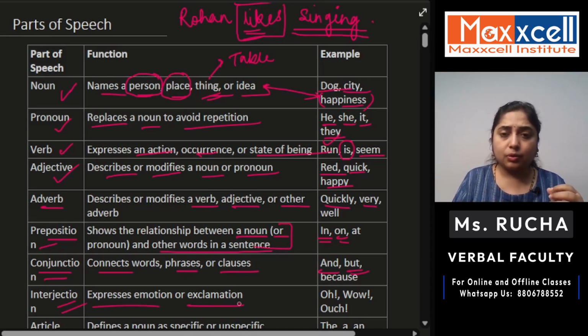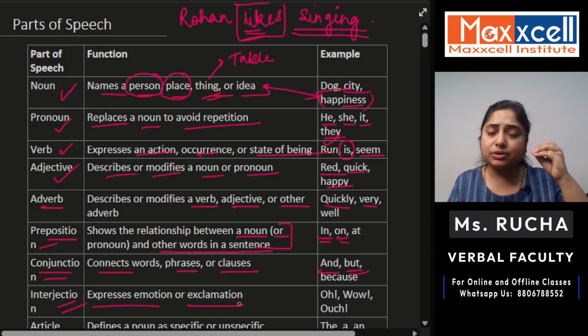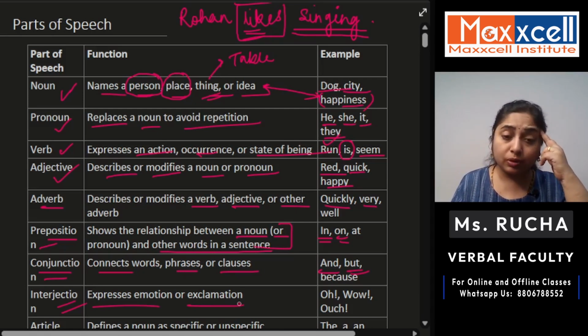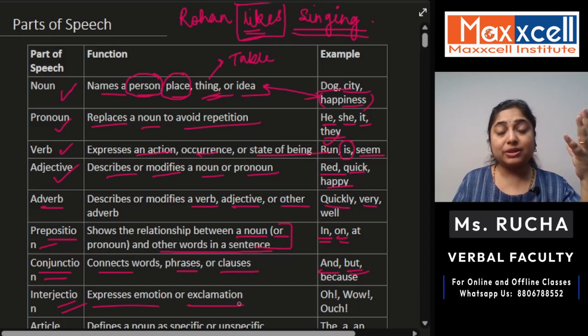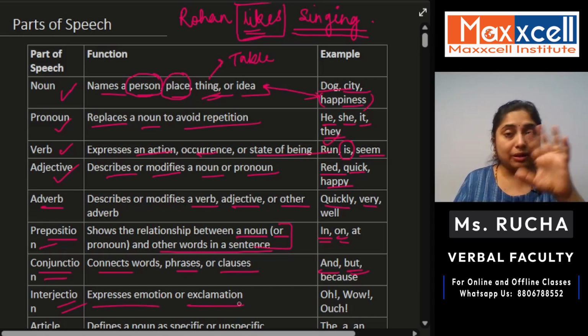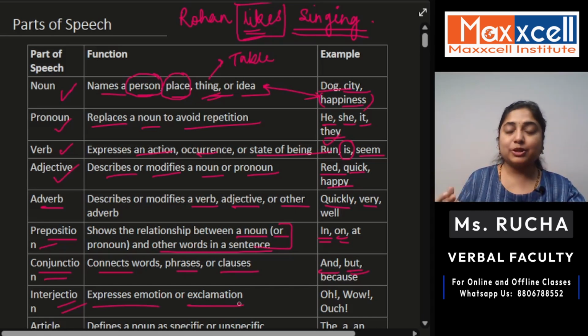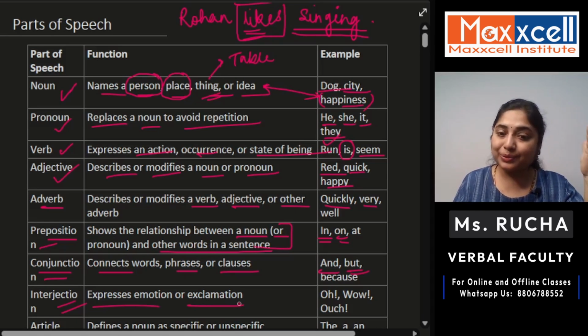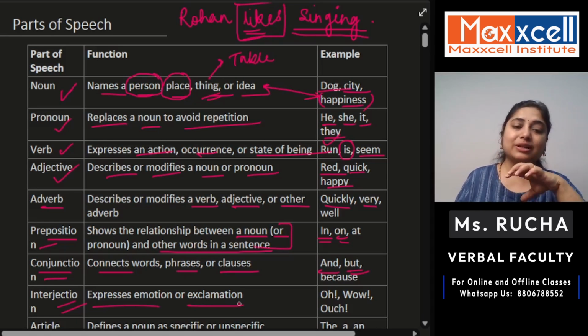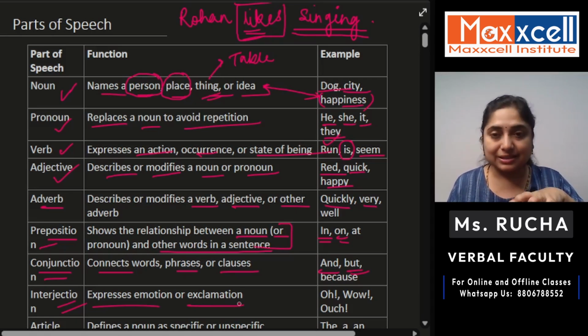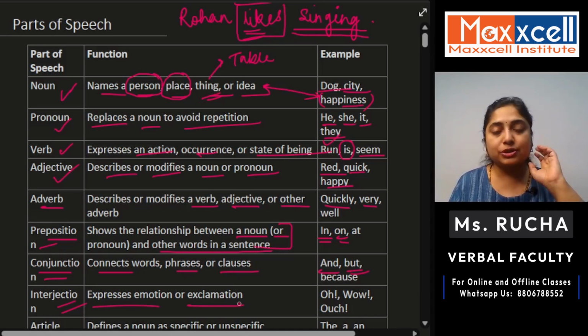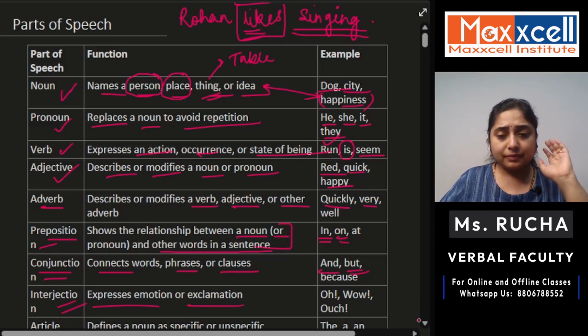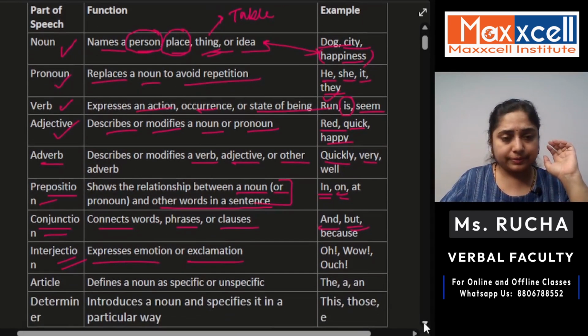Like when you are extremely sad about a certain news that you have heard, the immediate response is oh. And when you are extremely happy to see something that somebody shows you, you say wow, right? So this is interjection, and we always put exclamation in front of these words.